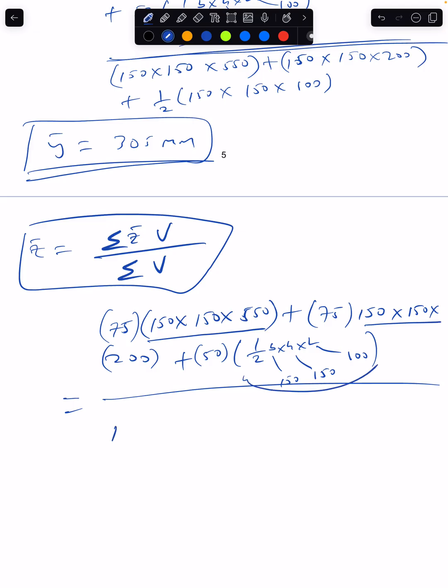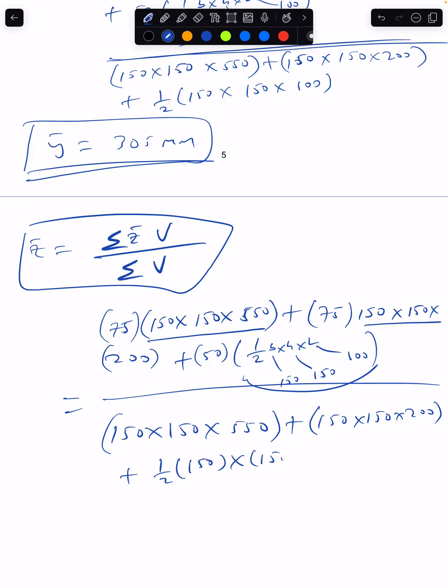And technically I'm going to have 150 times 150 times 550 plus 150 times 150 times 200 plus 1/2 times 150 times 150 times 100, and that will give us 73.4 millimeters.